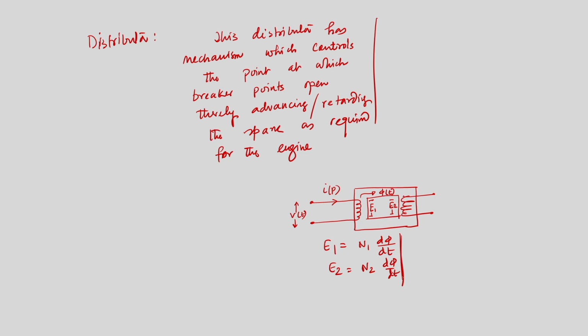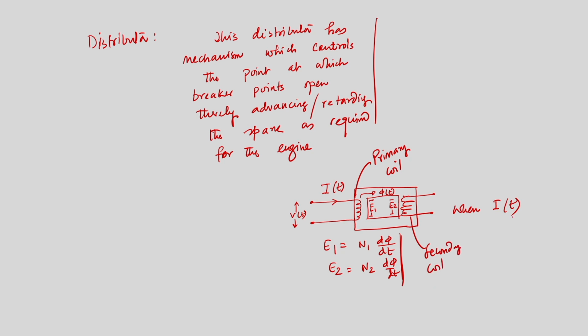What we can see is that when the current I p t passes through the primary coil, this is the primary coil and this is the secondary coil.